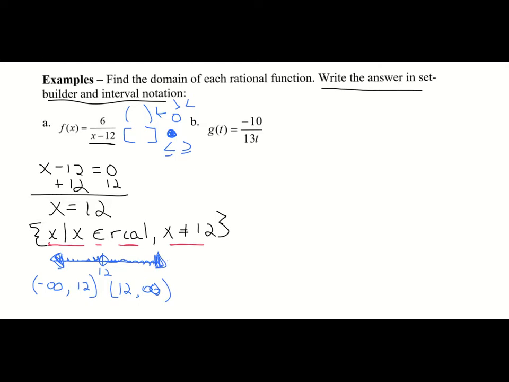Now, to connect these two to show that they are connected to each other, you're going to put a U between them, because that shows that this is the entire interval notation. And really what it's saying is it goes from negative infinity to 12, but doesn't include 12. And then after 12, it goes to positive infinity.